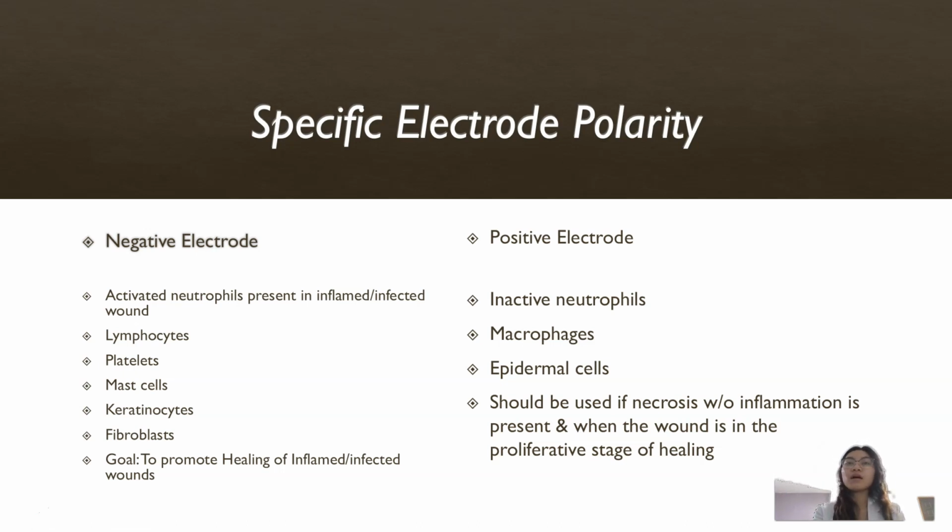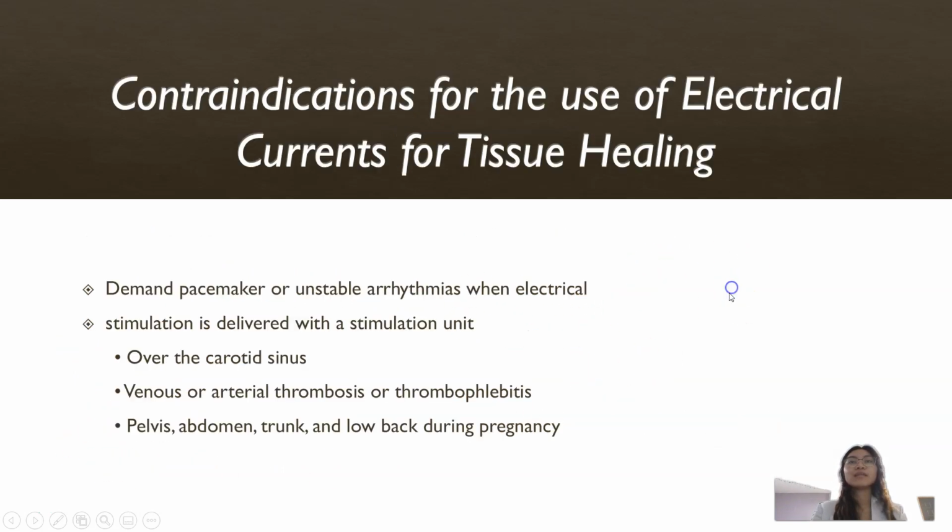And then, later on, no, as the wound contracts, the wound starts to close, we will make use of the positive electrode. So, paki-memorize po itong mga na-attract ng bawat electrode. No? So, matatanong kasi yan. Right?